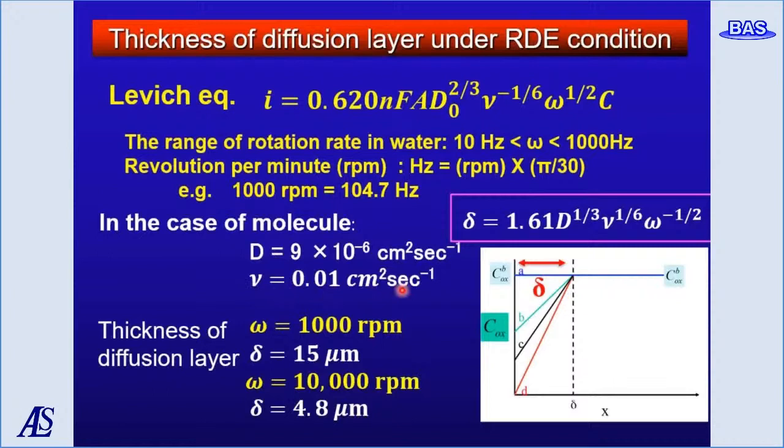In this case, when the rotating rate is 1000 rpm, the thickness of the diffusion layer is 15 micrometers. However, when the rotating rate becomes 10,000 rpm, the thickness becomes thinner, 4.8 micrometers.